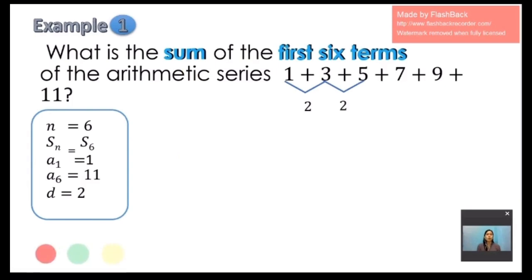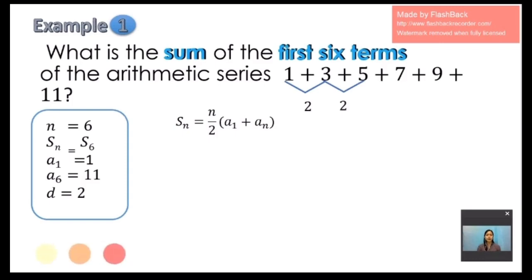Now, what would be the formula that we can use? In the two formulas that I introduced to you, which formula can be used to solve this problem? So this is the formula that we can use to solve this particular problem.